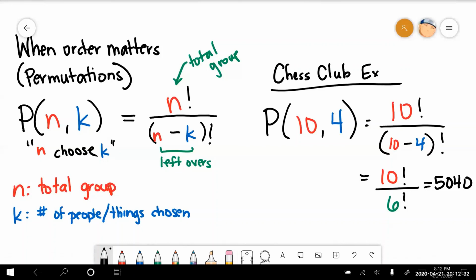So what I'm going to do for you guys for this topic, because I do believe that it requires some practice with the formula and with the notation and all that sort of thing, I will be assigning you a permutations practice.